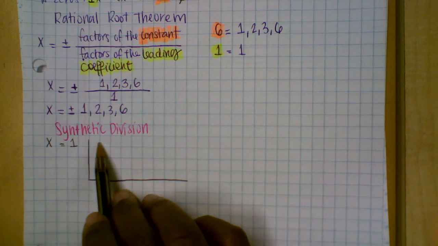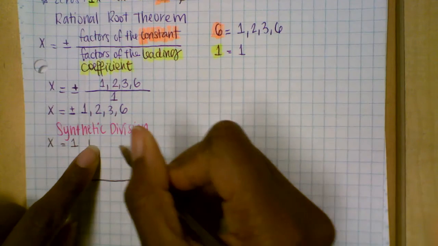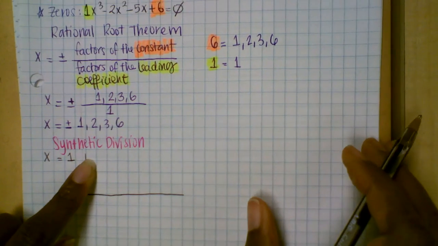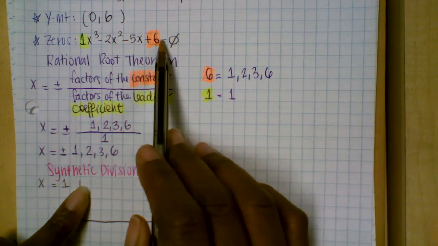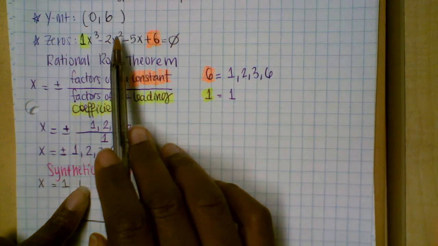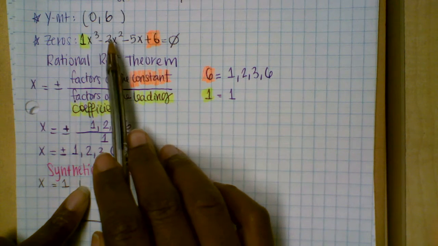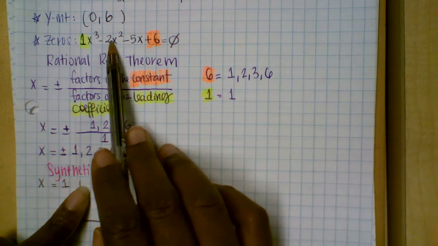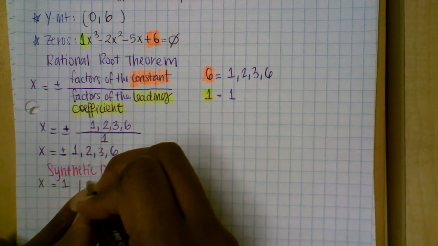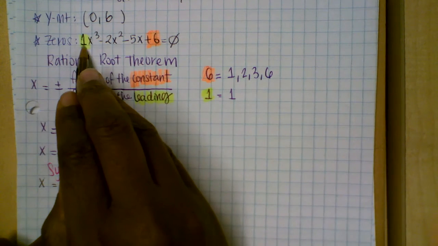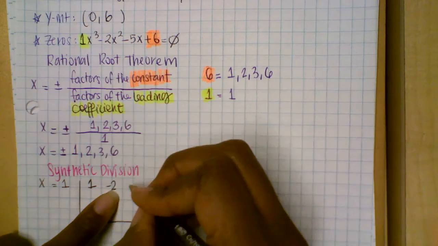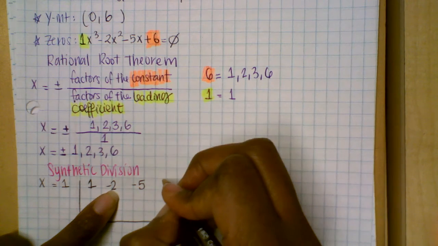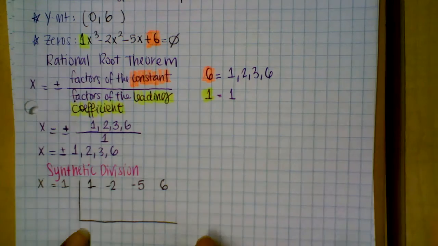Then on the same level as the 1, you list out the coefficients of the polynomial. If an exponent is missing, you use 0 as a placeholder for the missing term. The first coefficient is 1, then negative 2, then negative 5, and then positive 6. All set.